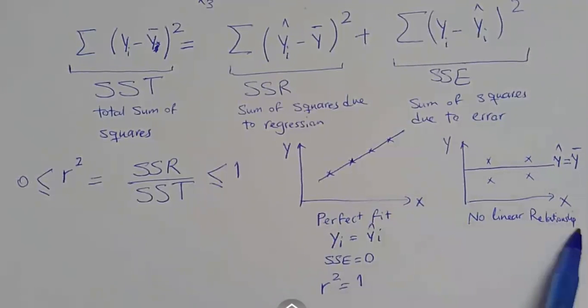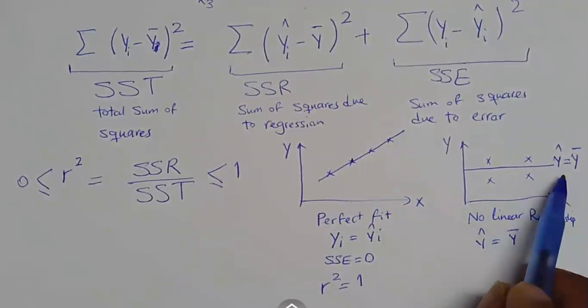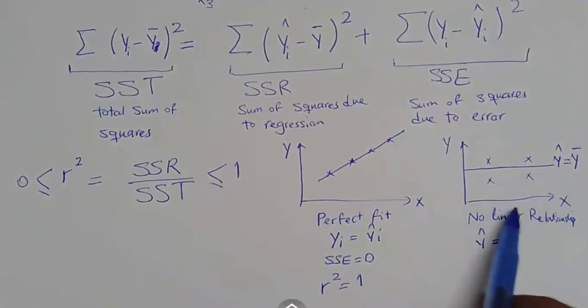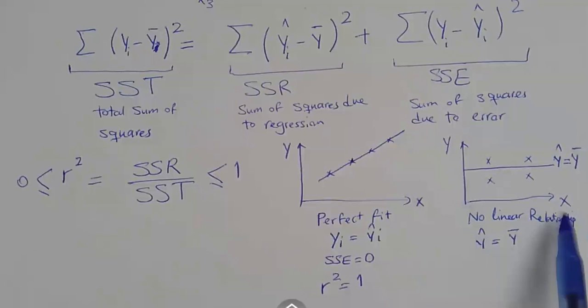So when I have no linear relationship, Y hat becomes equal to Y bar. The estimated value for each data point will become equal to the average Y. Basically, I can't explain the variation in Y using X, right? So that's what it means.